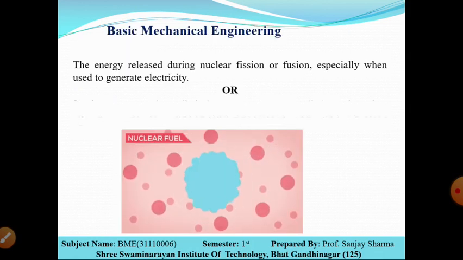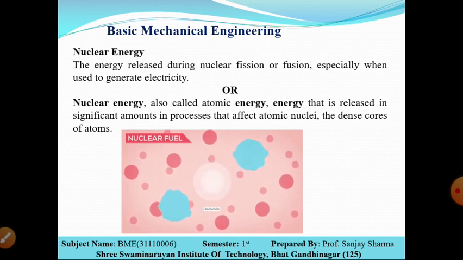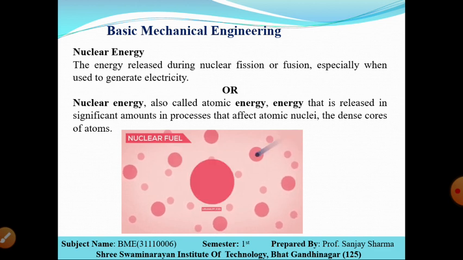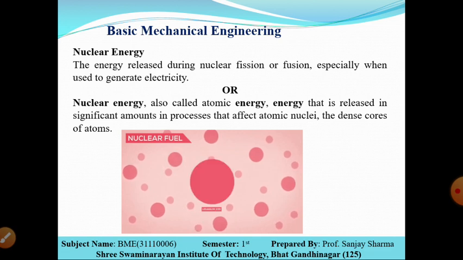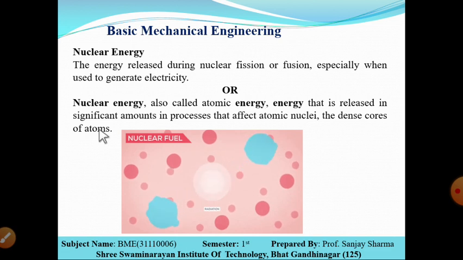Now let us see the nuclear energy. What is nuclear energy? We know that nuclear energy is generated because of the fission or fusion of an atom, either by bonding or by disassociating. It means either by associating or by disassociating. So some energy is bombarded and the atoms, when they go for the fusion or fission, they generate some energy, and that energy is utilized for the generation of electrical energy.